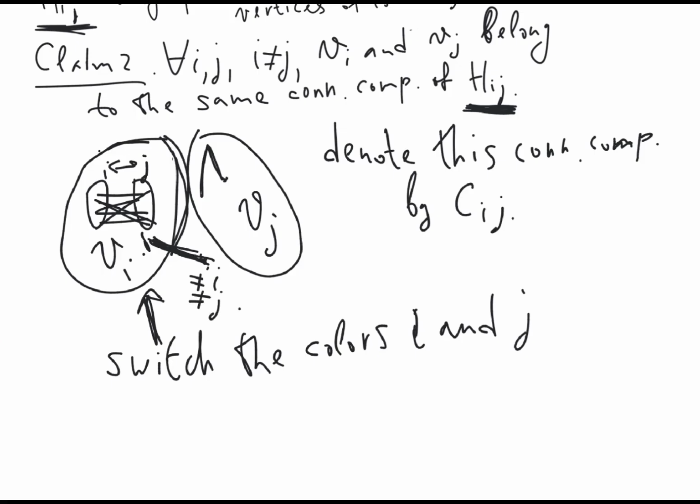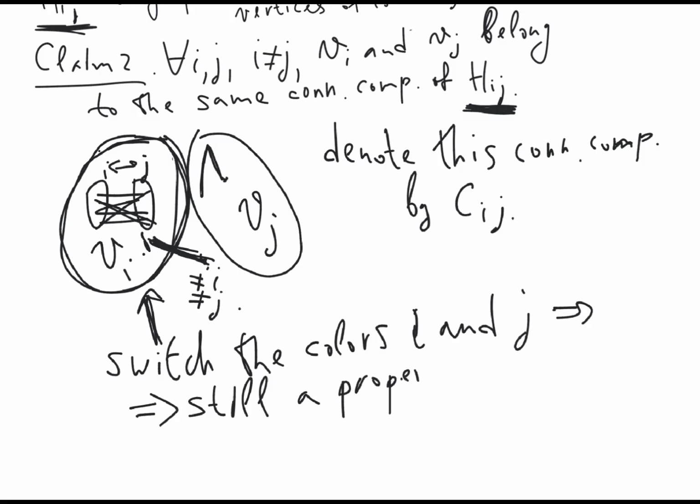So by switching colors i and j inside this connected component, this would still be a proper coloring of the graph G minus V, right?